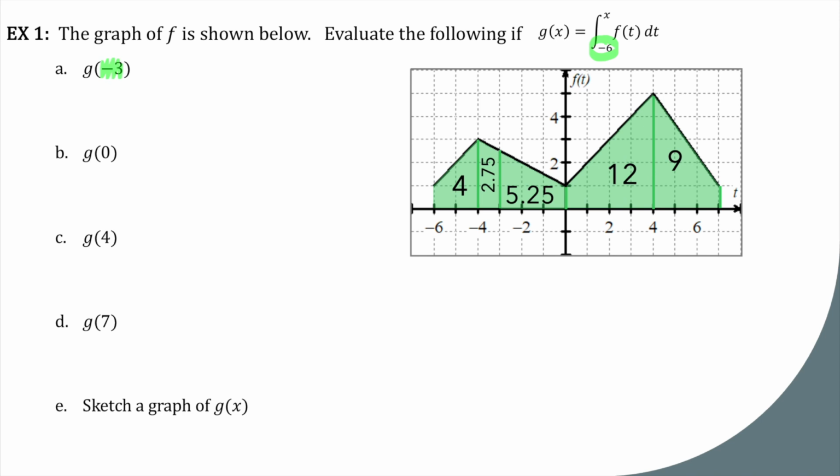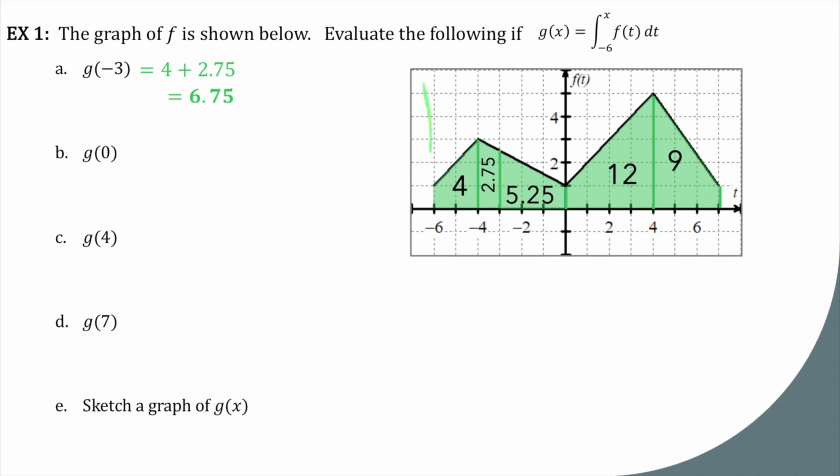Okay, with all of those areas there, now let's find g of -3. So we're starting at -6, and we want to find g of -3. So what's the area under the curve? It's 4 plus 2.75, which is 6.75. Now we want g of 0.